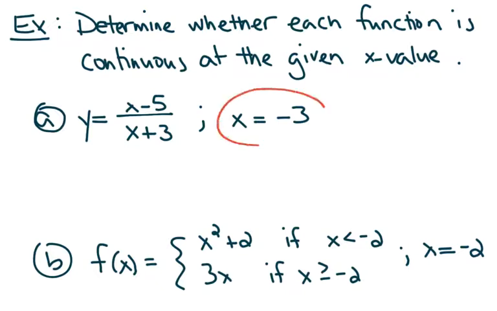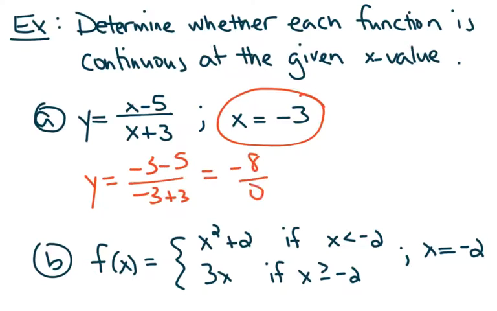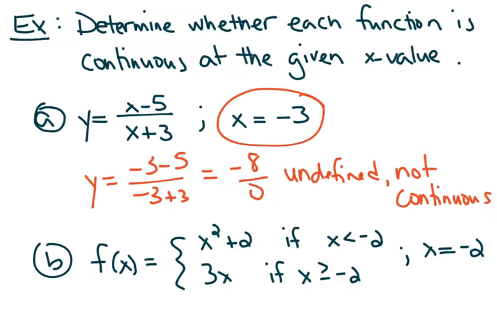So basically what we're going to do in the first problem is plug in -3 for x. So y is equal to -3 minus 5 over -3 plus 3, which is -8 over 0, which is undefined, which means it's not continuous at that point. As a matter of fact, that was one of our discontinuities.